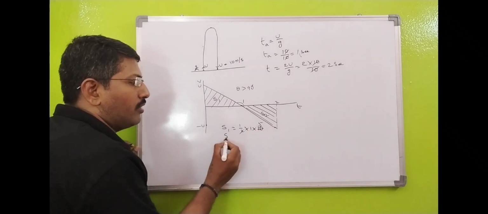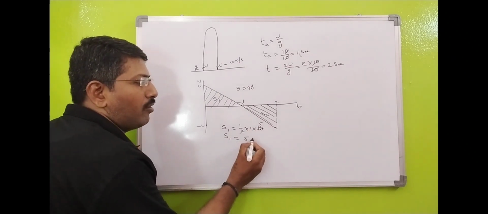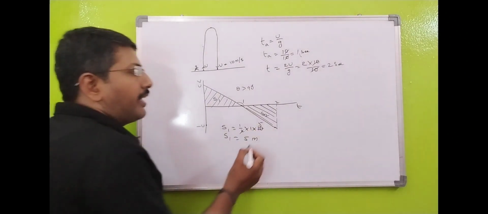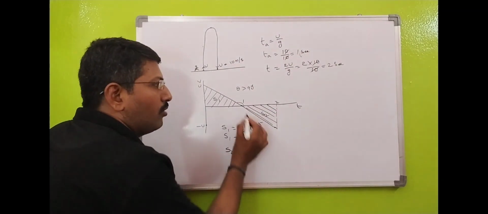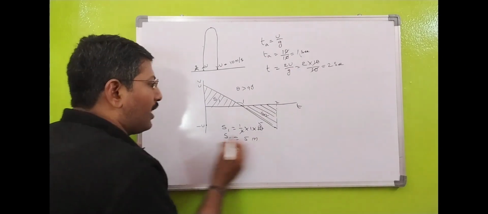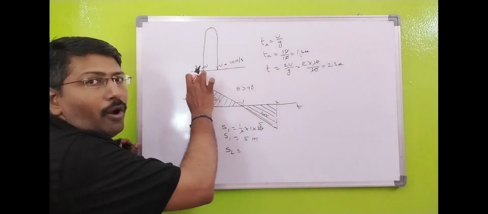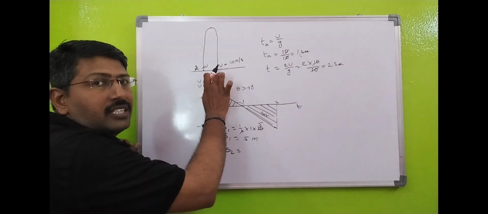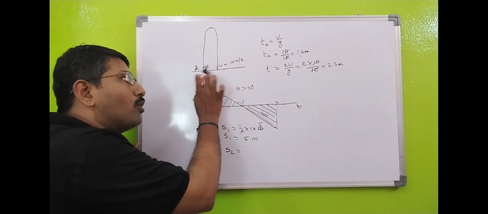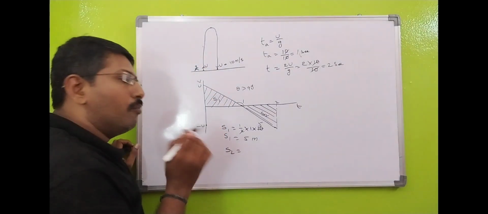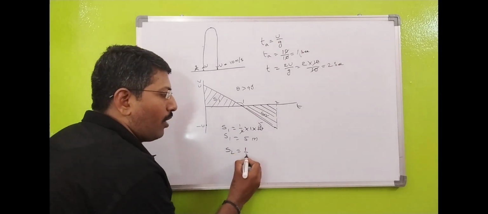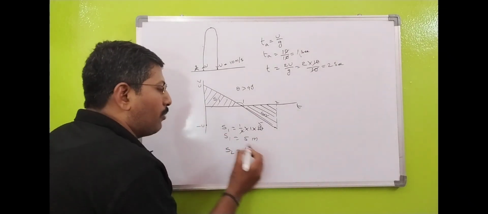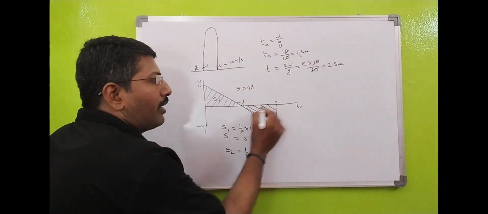Next, what about this area S2? The velocity at the point of projection and at the point where it reaches the same point have the same speed, but in opposite directions. So 1 by 2 into 10 into 1 is 5.